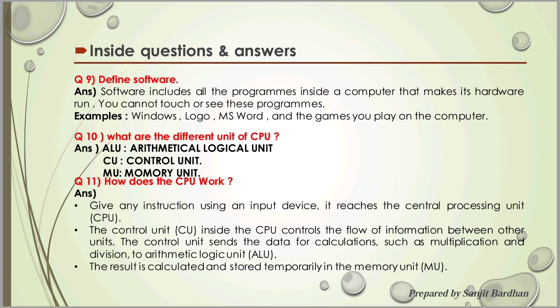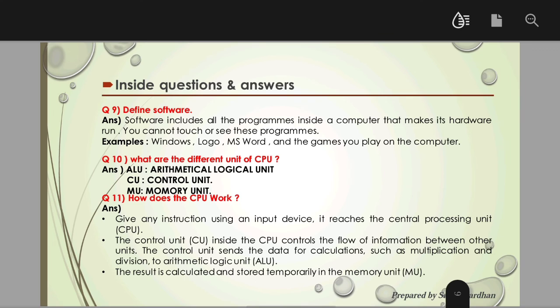Memory unit temporarily stores the data, then gives a result as output. This is how the computer does the work. These are the inside questions and answers of this chapter.